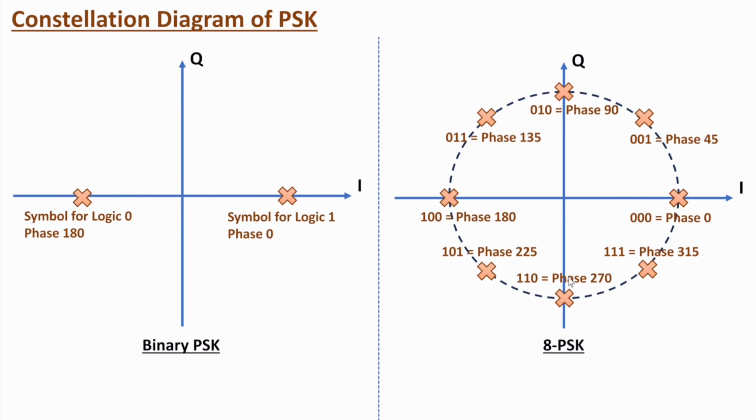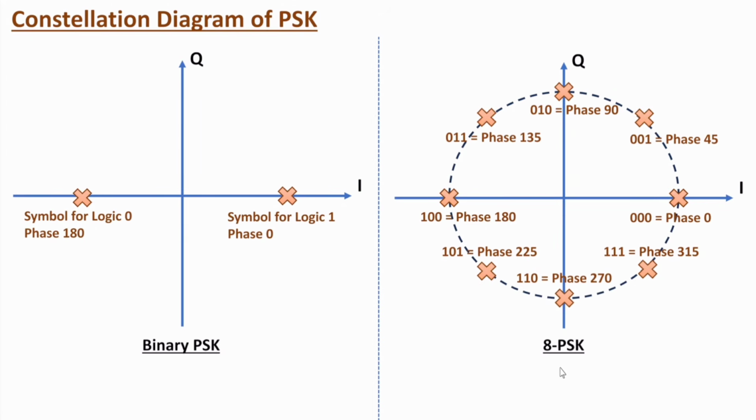So this is how one can understand a constellation diagram. Always remember, in phase shifting, with every symbol, the distance with respect to the center will be fixed, and the digital data is there as per phase. In binary PSK, we have phase 0 over here and phase 180 degrees over here for logic 1 and logic 0 respectively.